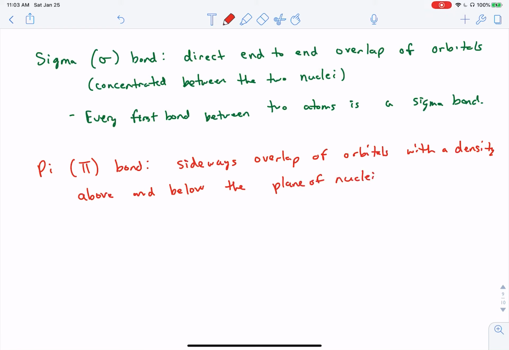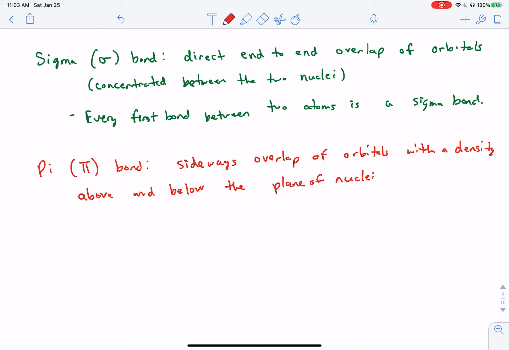I don't think you're really going to have to get in that detailed about the definitions here, but I'm presenting those so you can see what we're talking about. But so pi bonds are sideways overlap or parallel. So they're not in between the nuclei. They're kind of equidistant from both nuclei.